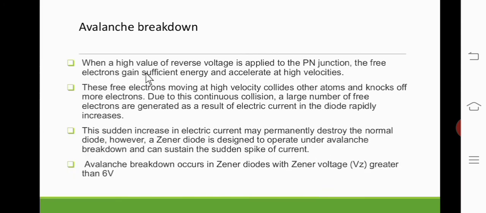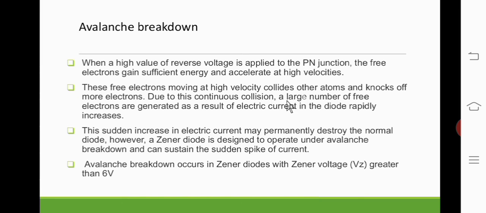When a high value of reverse voltage is applied to the PN junction, the free electrons gain sufficient energy and accelerate at high velocities. So already we know that a high reverse voltage is applied to the junction; then only are we able to get the avalanche and the zener breakdown.